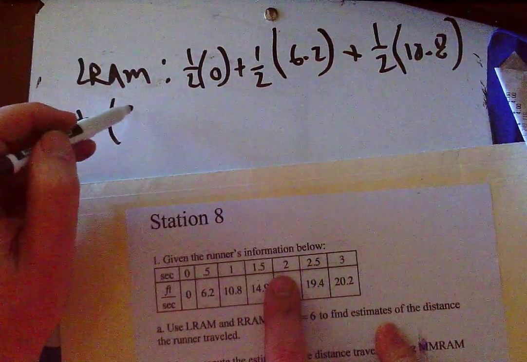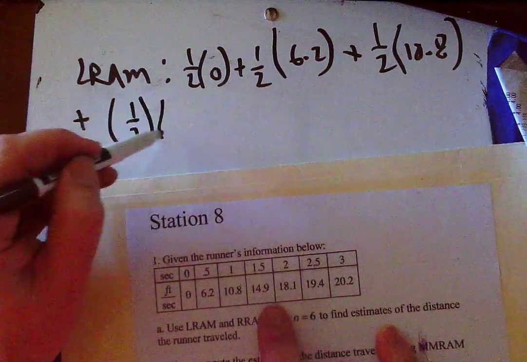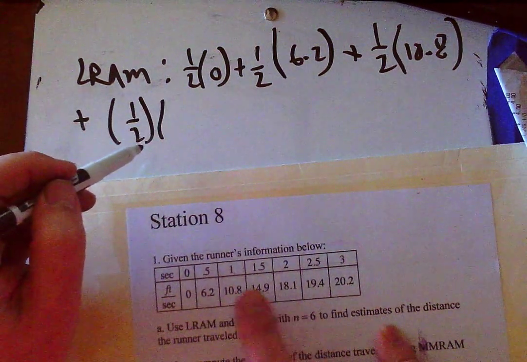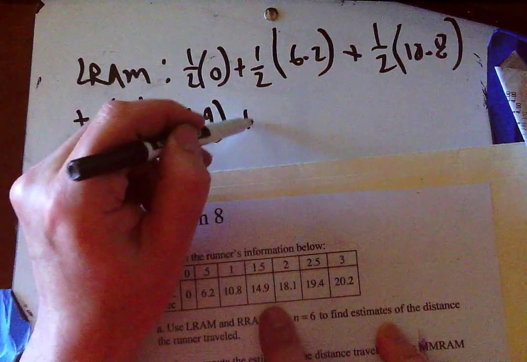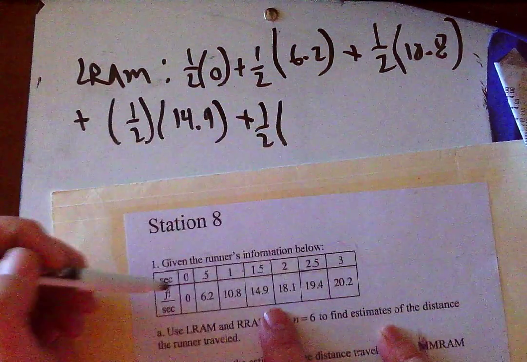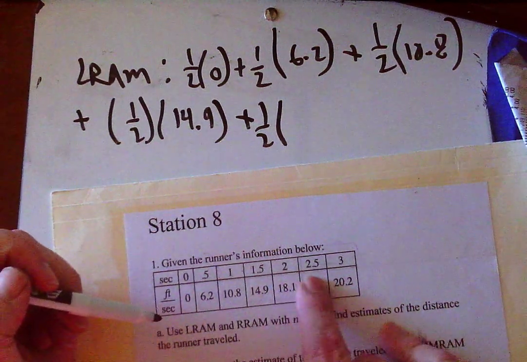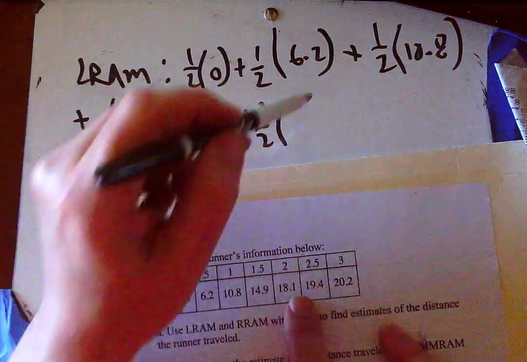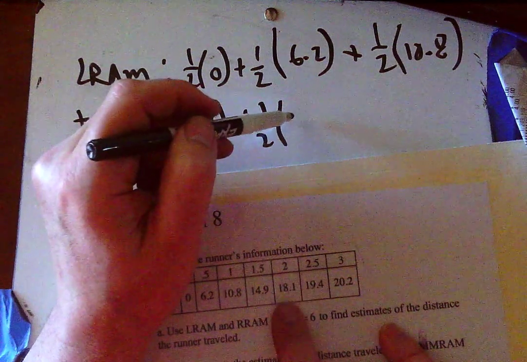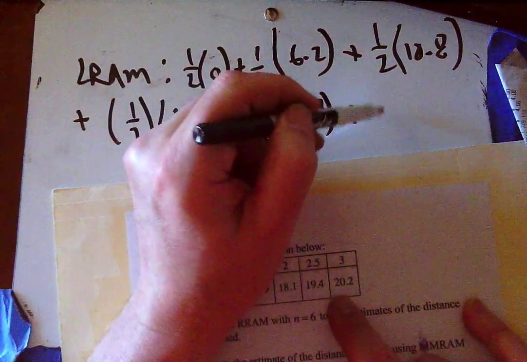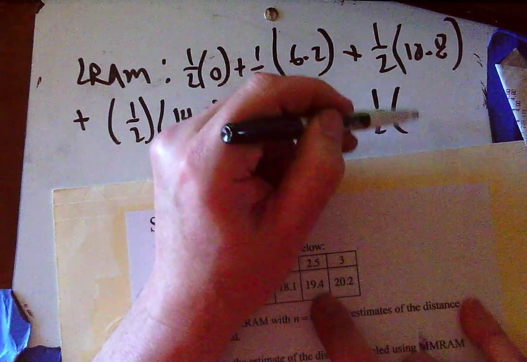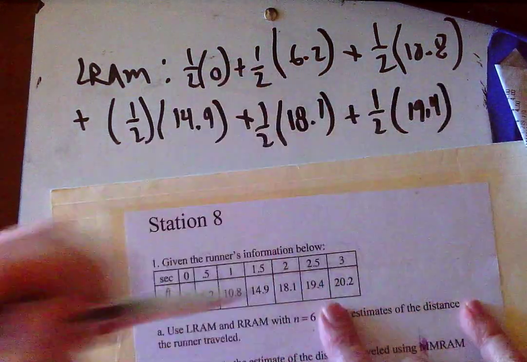Subinterval width is 1/2, and my height is the left height, 14.9, plus 1/2, because that's that subinterval width, times the height, 18.1, plus 1/2 and the left height, 19.4.